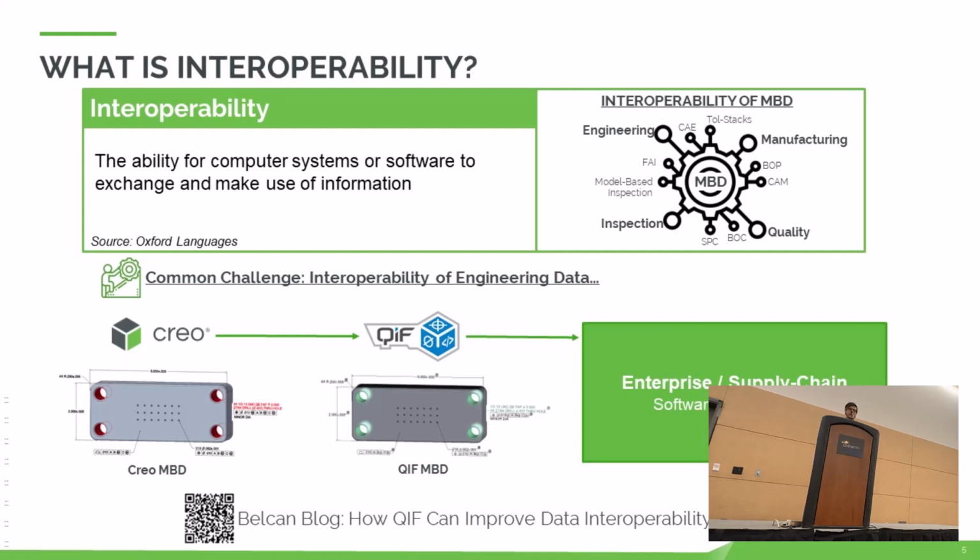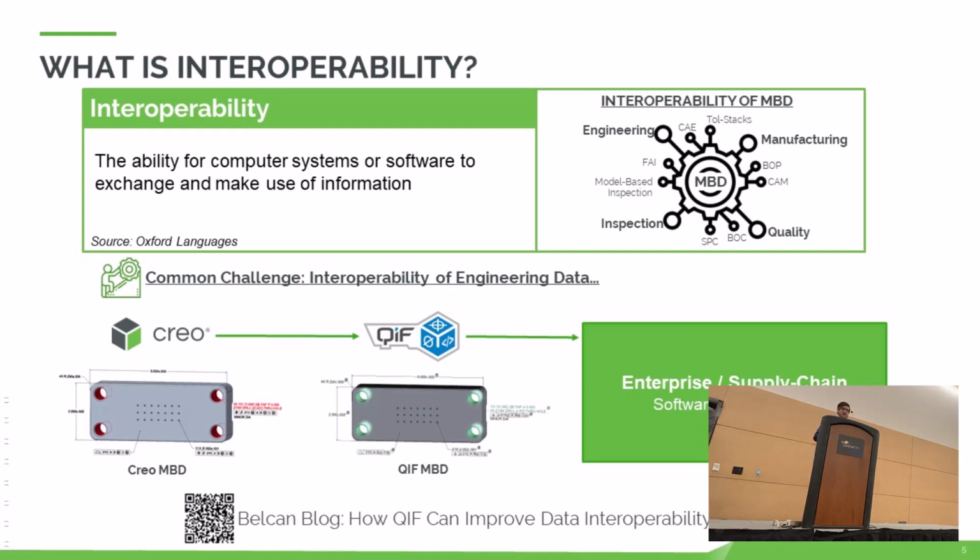And we quickly realize, and we have a common challenge that many of us face, is the interoperability of engineering data. And how do I go from my model-based definition being in my native Creo to then communicating all that downstream to my enterprise and even my supply chain and all the systems and software that I find within?